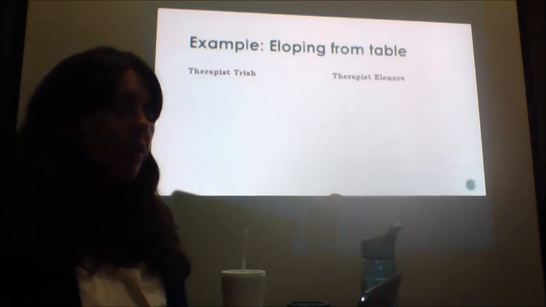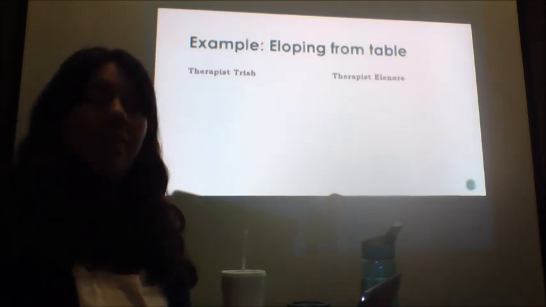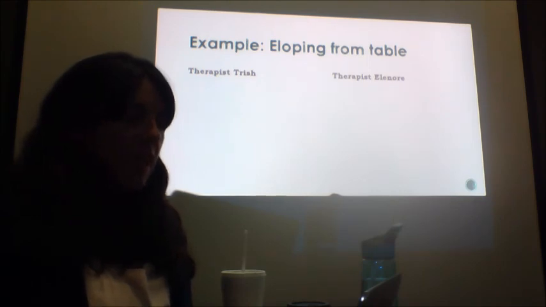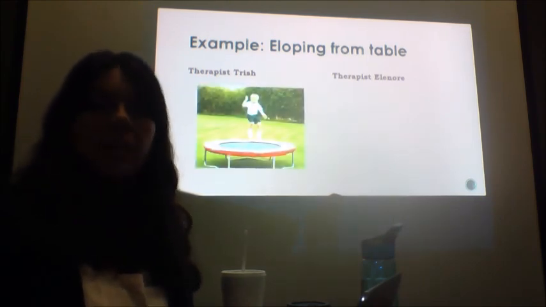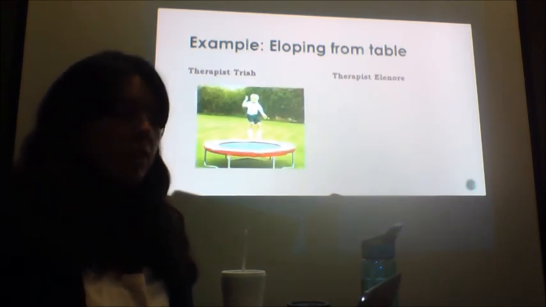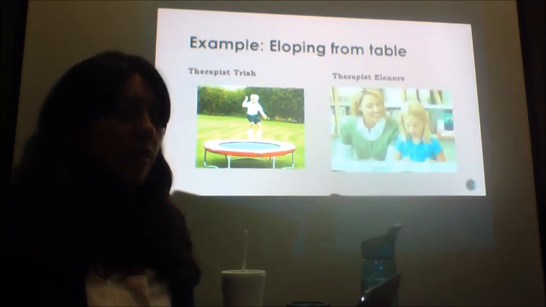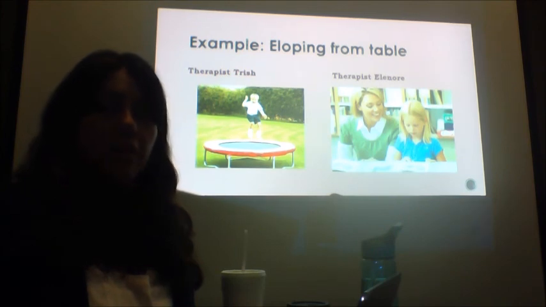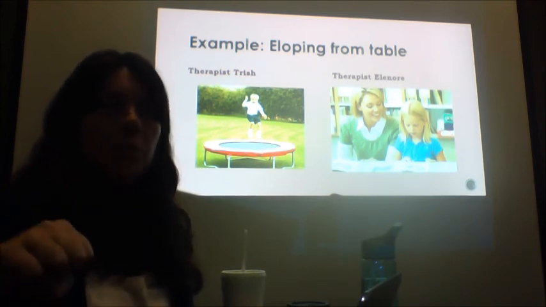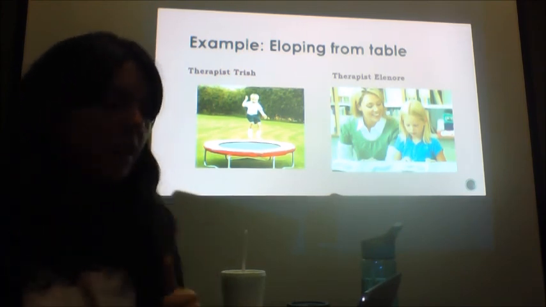So when therapist Trish is working with the kid and they elope from the table, they run to the trampoline and they bounce. So that's what happens. And then when they're working with therapist Eleanor, they run away from the table and Eleanor just pulls them back, catches them in time, and works.